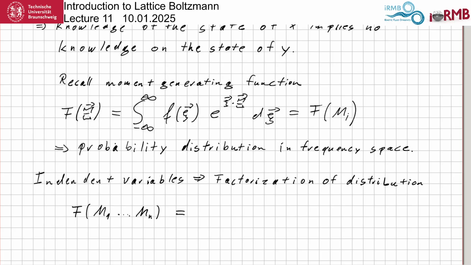Then we propose that we can write this as the product of individual probability functions that depend only on independent variables. We don't know what these independent variables are.